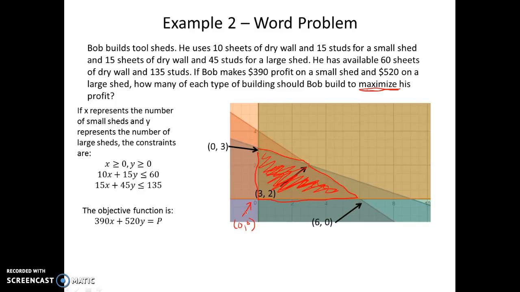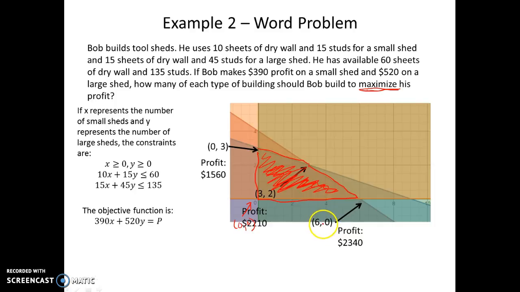In order to test them, we're going to put those back in the objective function. If I substitute those values into the objective function, I get a profit of 1560, 2210, and 2340 respectively for each of those three vertices.